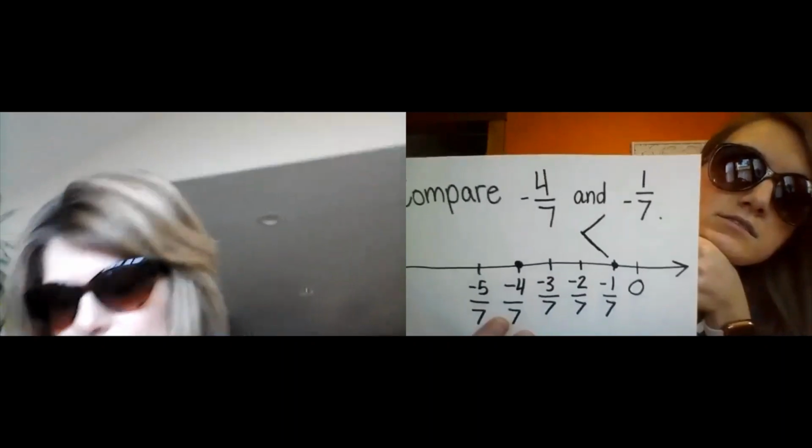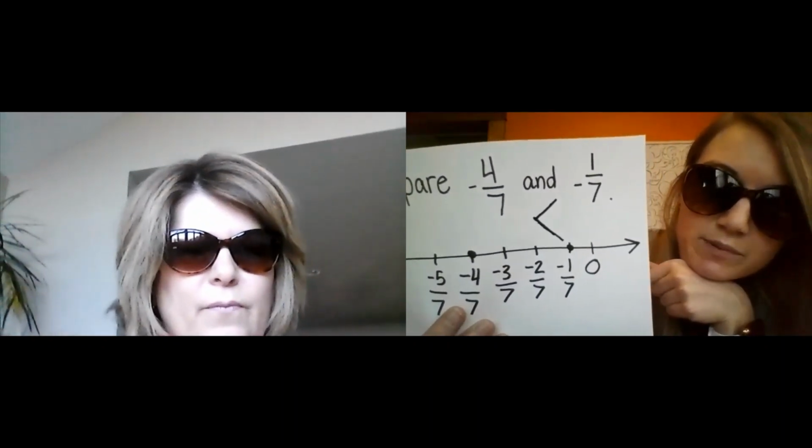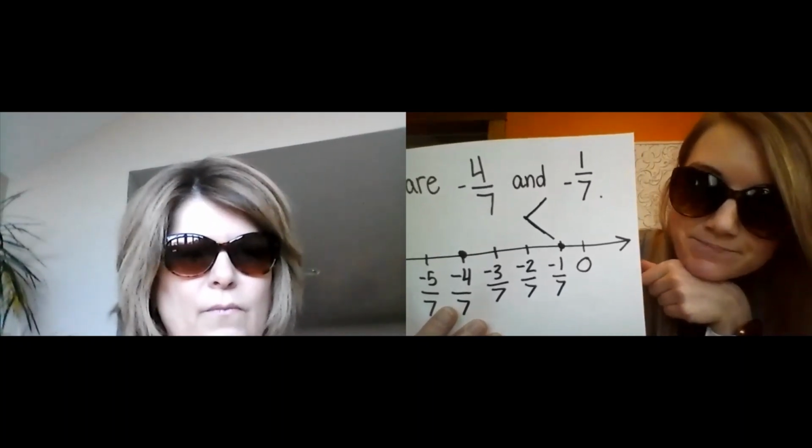And if you remember, negative numbers and their positives reflect, like a reflection in the water or in a mirror. It goes both ways. So there's my sign: -1/7 is greater than -4/7.